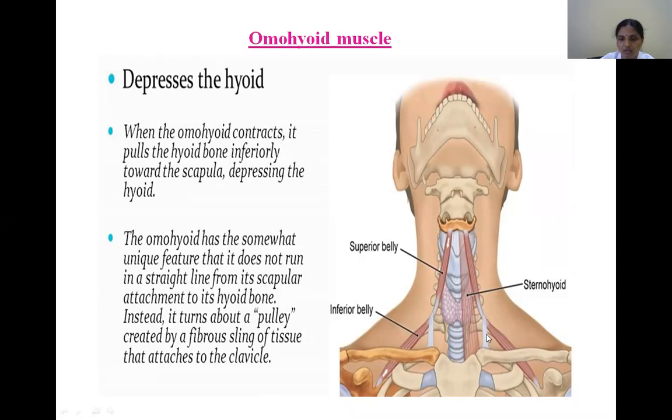If you trace from below upwards, it is clavipectoral fascia; from above downwards, it is omohyoid fascia, the investing layer of the deep cervical fascia. It acts as a pulley over this muscle, forming a fascial sling over the intermediate tendon and getting back to the clavicle. So this is about the omohyoid muscle. And what is the action? By contraction from below, it depresses the hyoid bone.